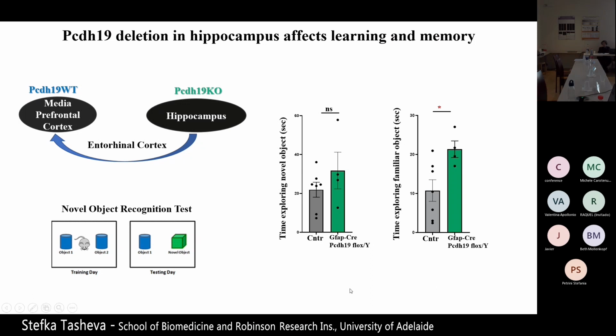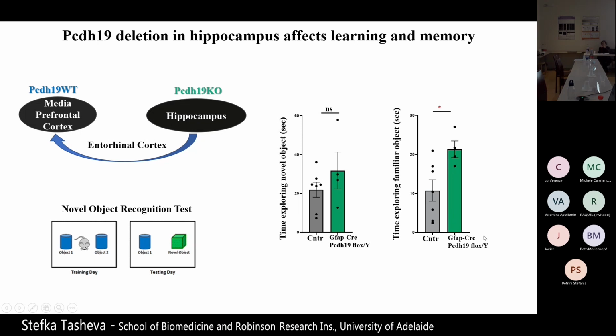What we have found here is that when it comes to exploring the novel object, we haven't seen much difference between the two strains. But when it comes to exploring the familiar object, as you can see here, the control animals were able to recognize it as their familiar object, and they spend less time interacting with it compared to the novel object.